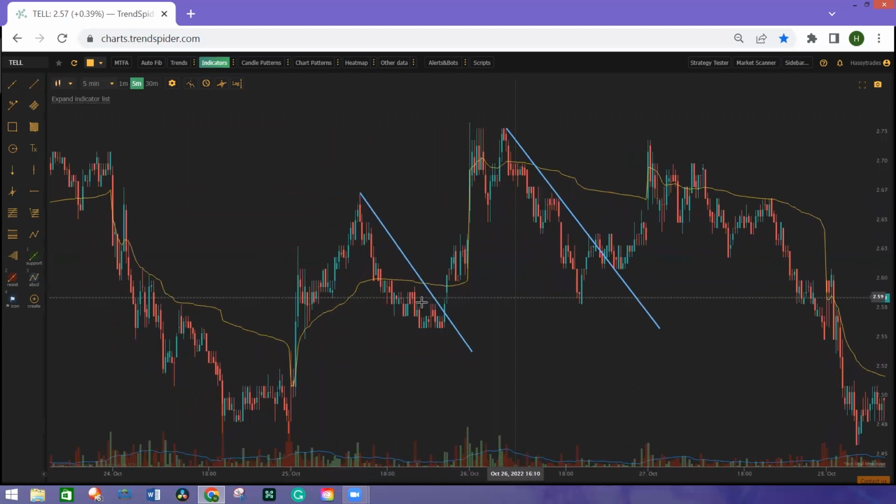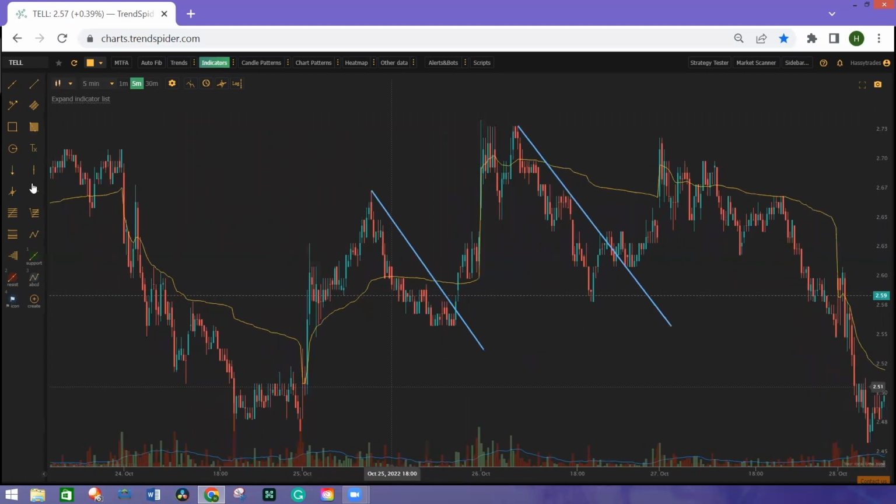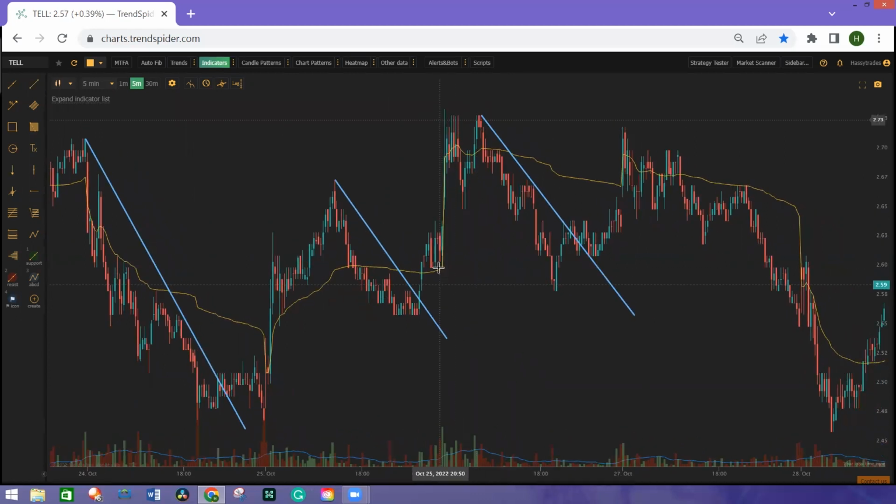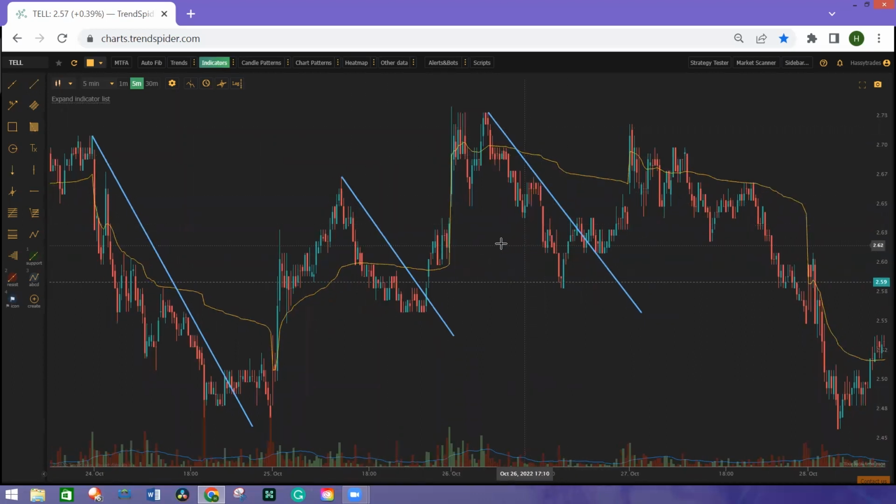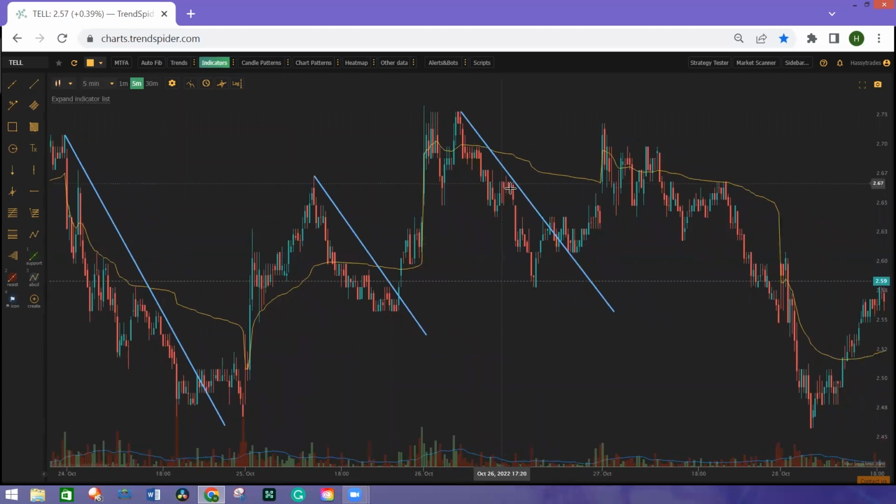So I think I took one of my entries. I was trying to find the exact price point I took the entry. So we had that initial push towards 2.75 today, and I looked for the downtrend because I wanted an entry, and I entered.